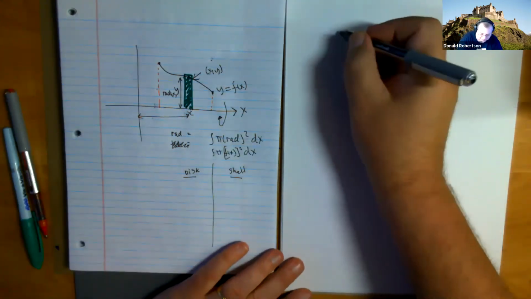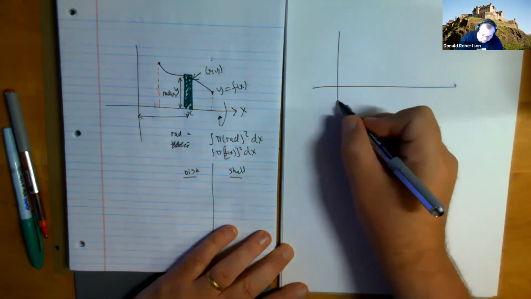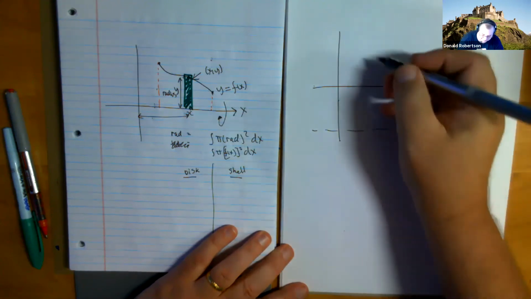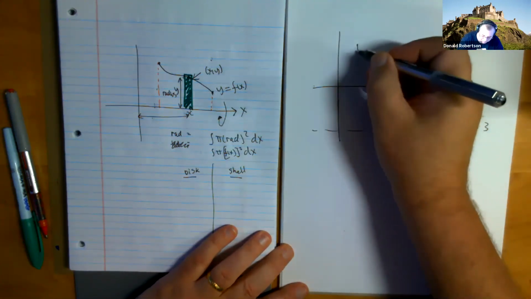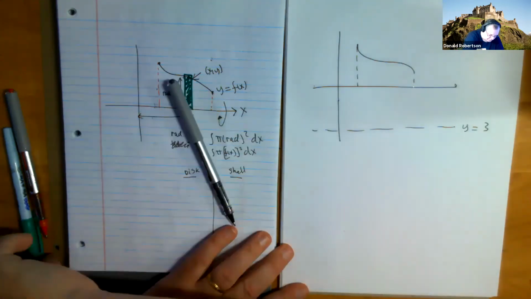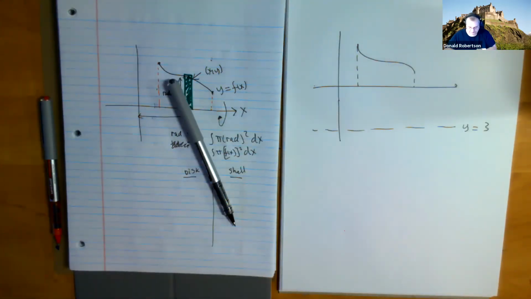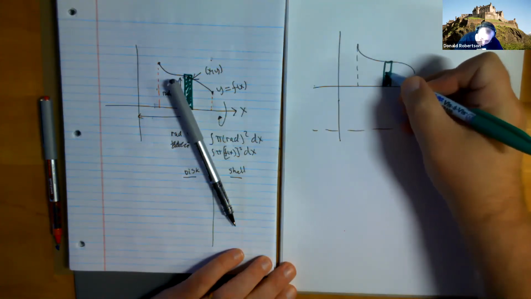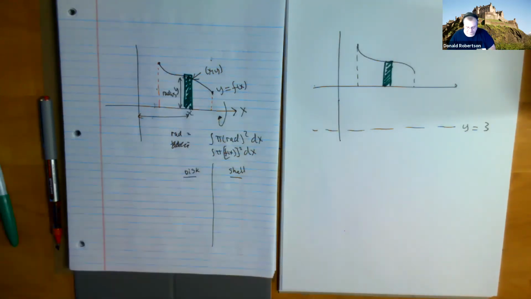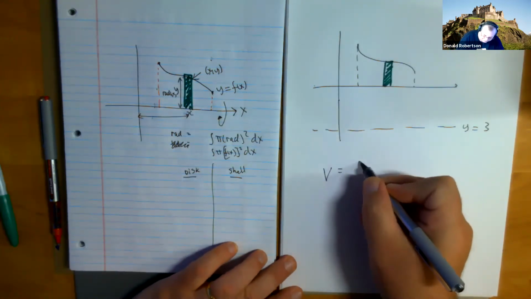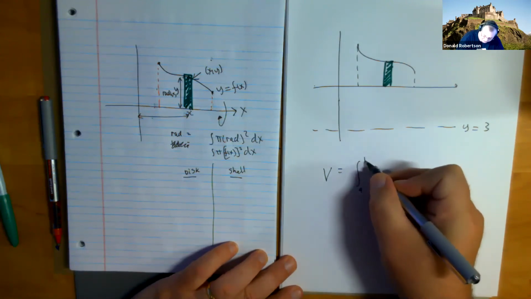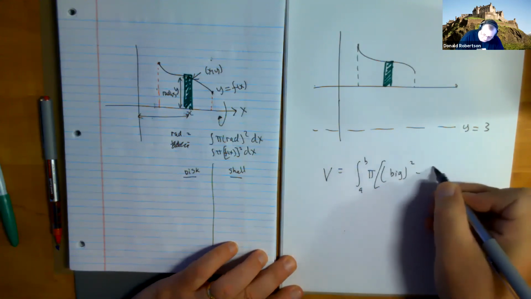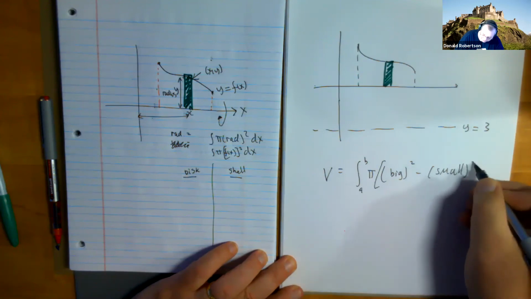Now let's take that same picture and rotate it about a line like y equals 3. Now we still have the same start and finish, the same rectangle, but the formula for the volume is now going to be pi big radius squared take away small radius squared.